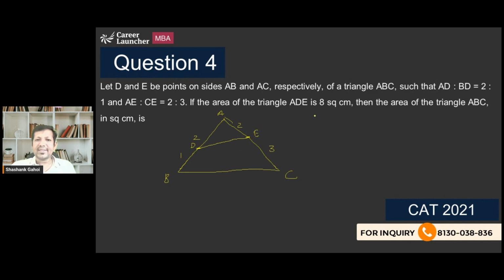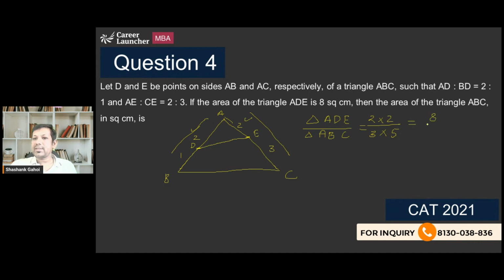We have already seen the concept: the area of triangle ADE upon the area of triangle ABC is equal to this multiplied by this, that is 2 into 2, divided by this total length 3 into this total length 5.